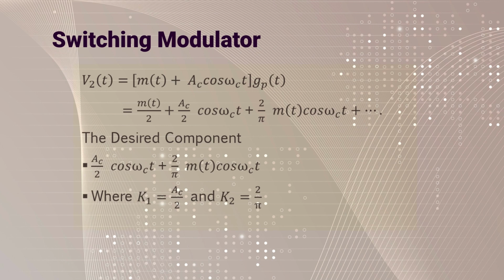Therefore, the output will be Ac upon 2 cos omega c t plus 2 upon pi m(t) cos omega c t, where the constant Ac upon 2 is equal to k1 and the constant 2 upon pi is equal to k2. Then the output is nothing but the desired double sideband signal.